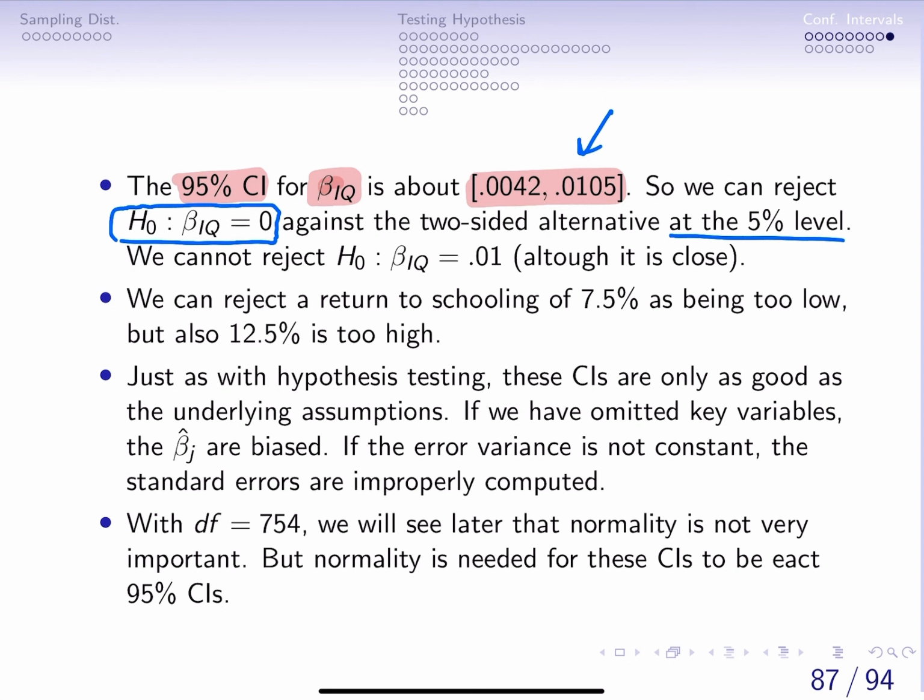Similarly, if we wanted to test this hypothesis, which says that the value of that population parameter for IQ is equal to 0.01, then we will have a hard time rejecting the null, right? Because the value 0.01 actually lies in the interval.